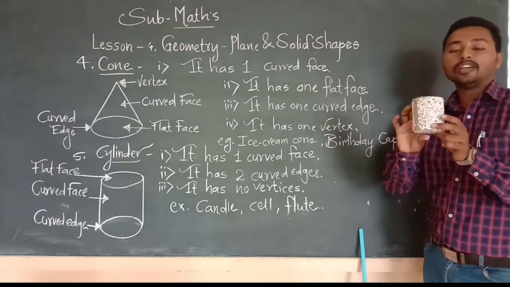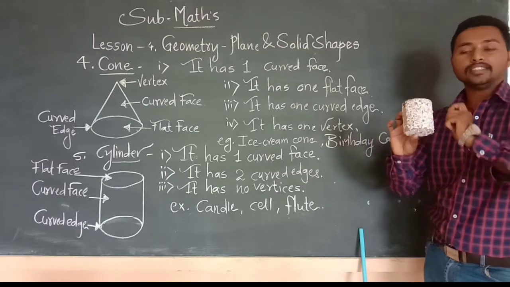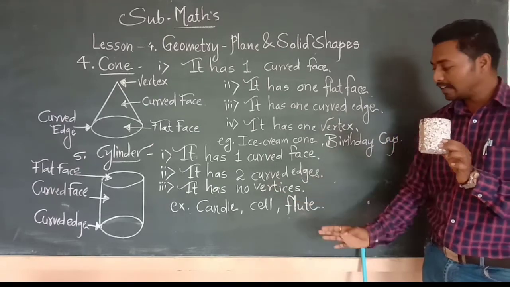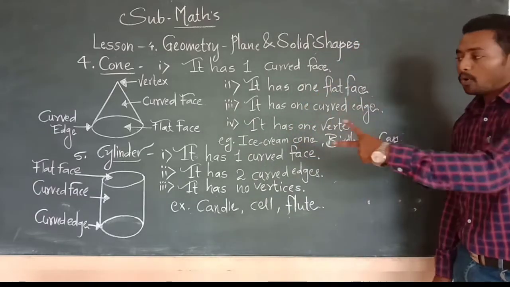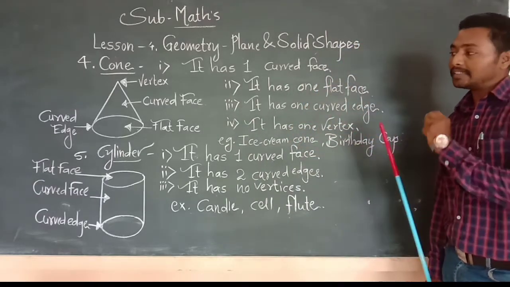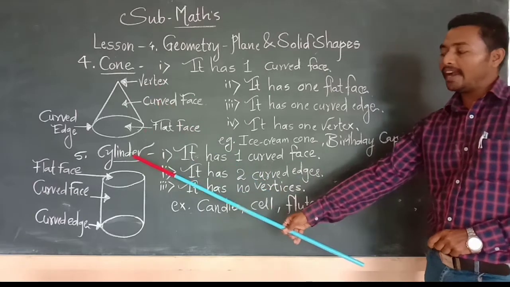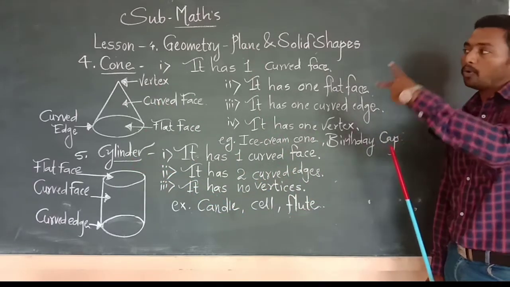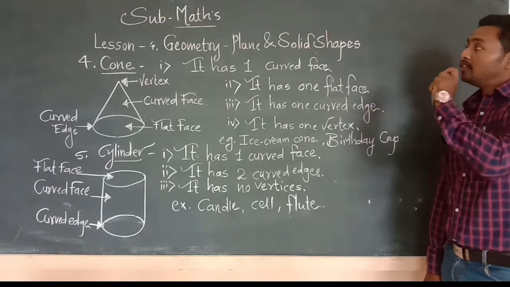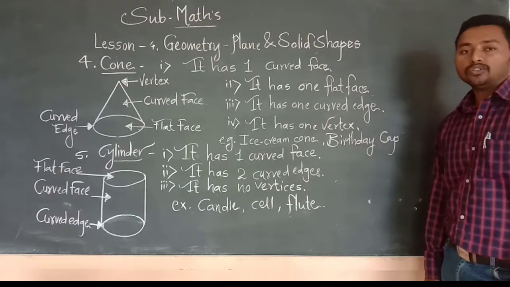For example, a candle. So observe both neat labeled diagrams of a cone and cylinder. Write down the characteristics of both geometrical solid shapes in your notebook.